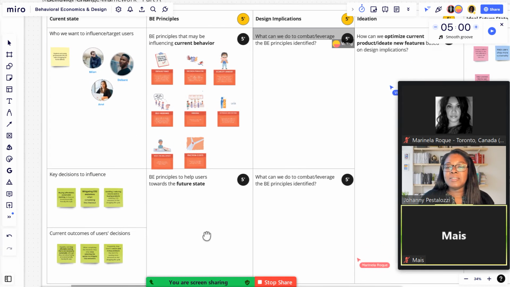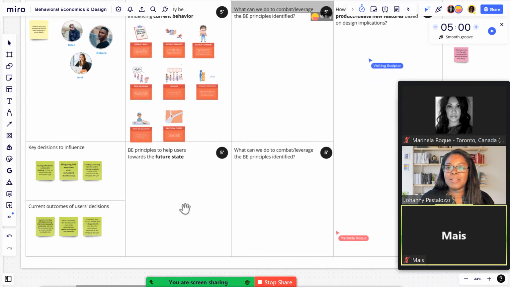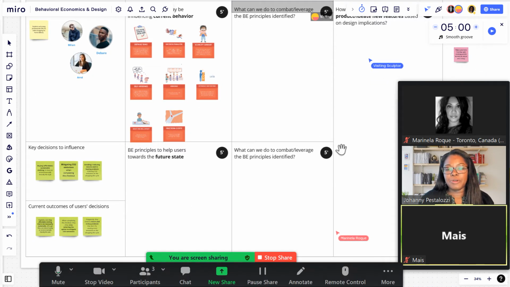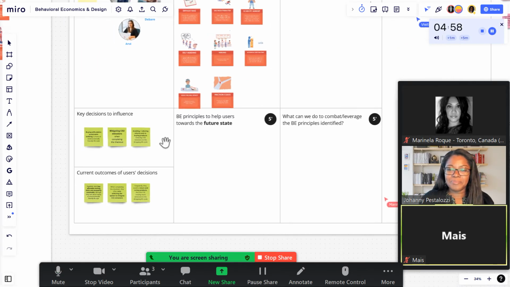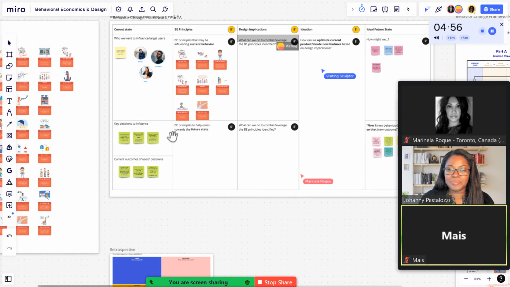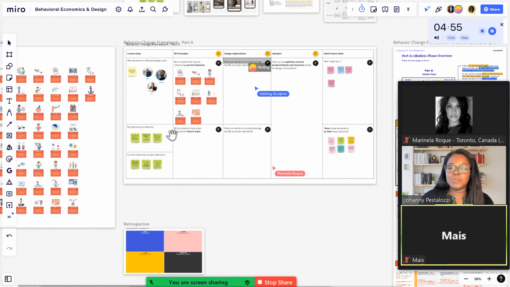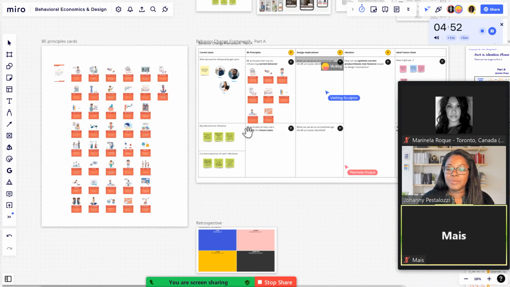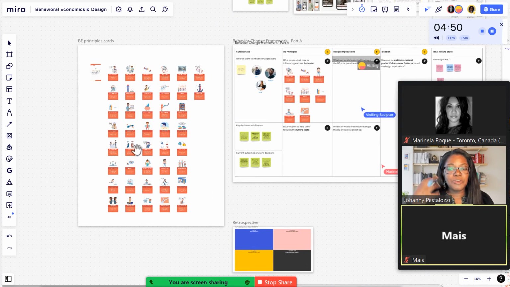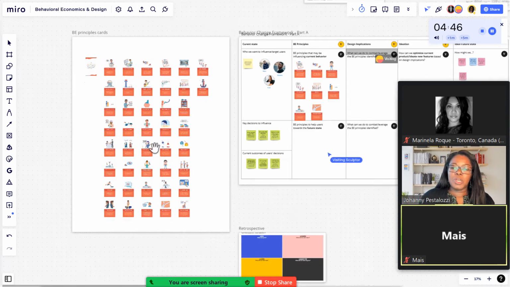Let's dedicate 5 minutes to this, and then we do a quick wrap up in the group. So let's go for it. How can we influence users into doing this using these principles? So using their own biases, their own way of being, to accomplish what we want.